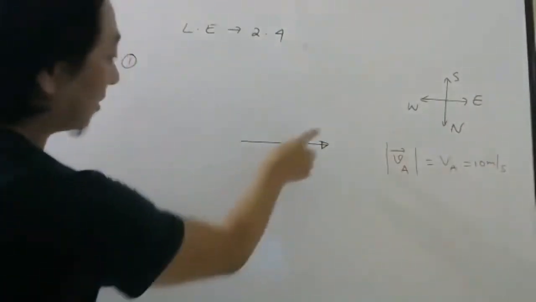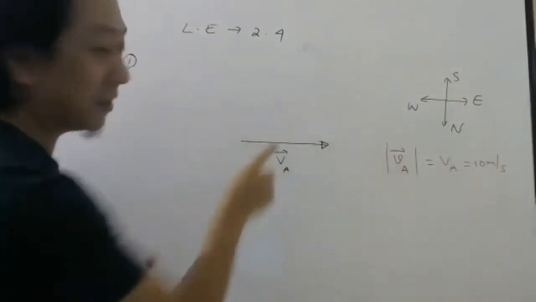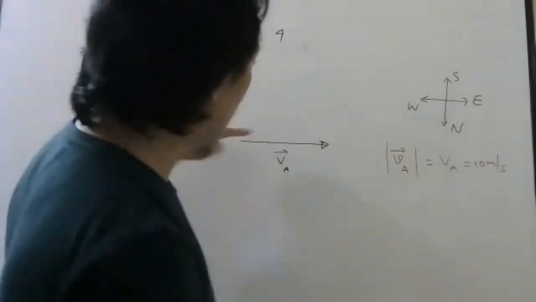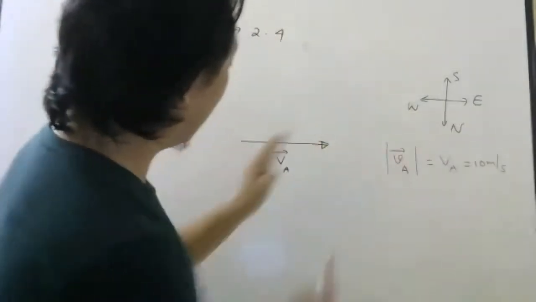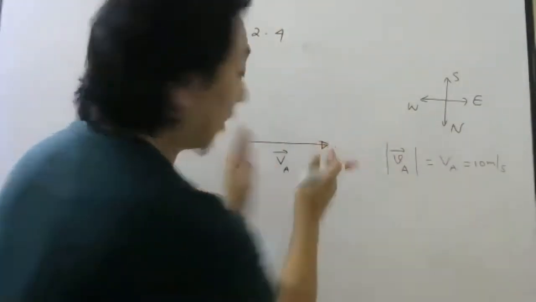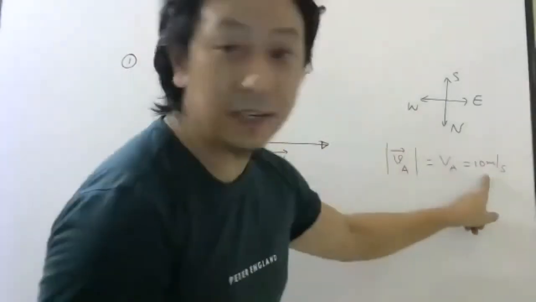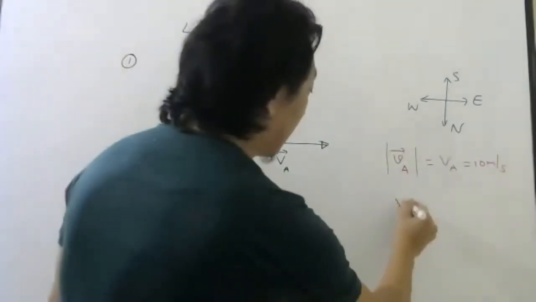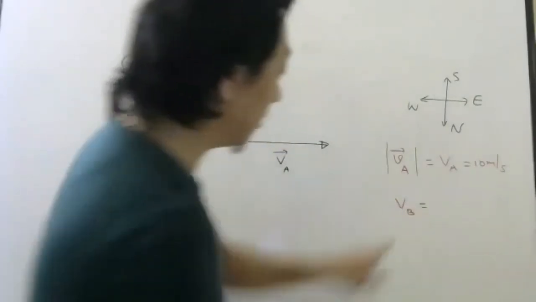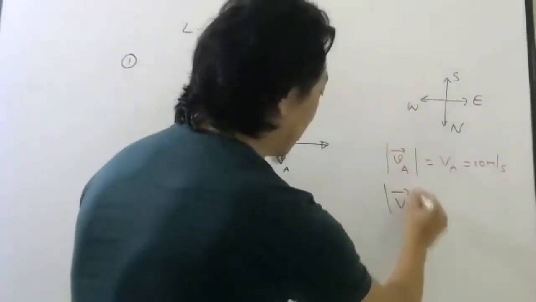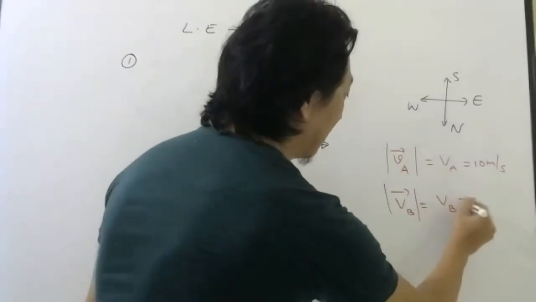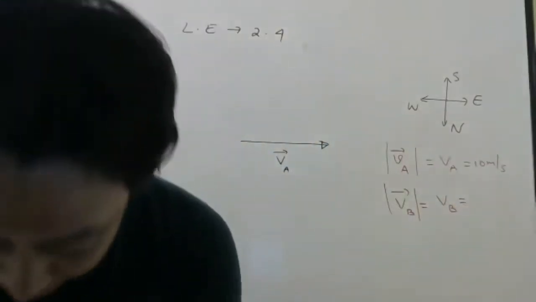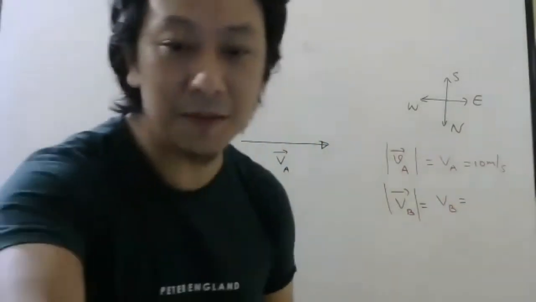So I am using this diagram to represent the first velocity towards east, and this length will represent the magnitude, which is how much? 10 meter per second. The second car has a magnitude, which you can write like this.